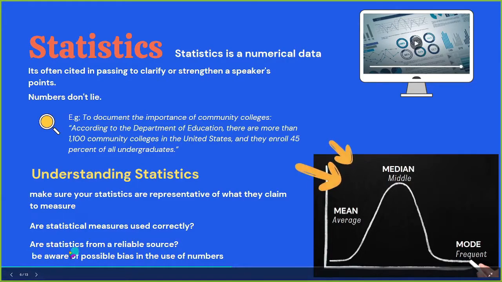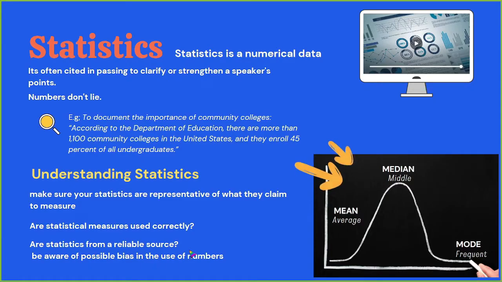And of course, when you use an internet source, you have to ensure that the statistics are from a reliable source, and you have to be aware of any possible bias in the numbers that have been put in the statistic inside the source that you have used.